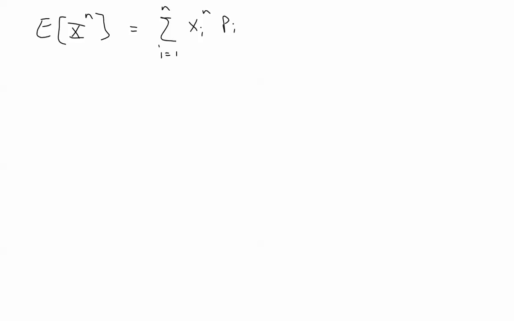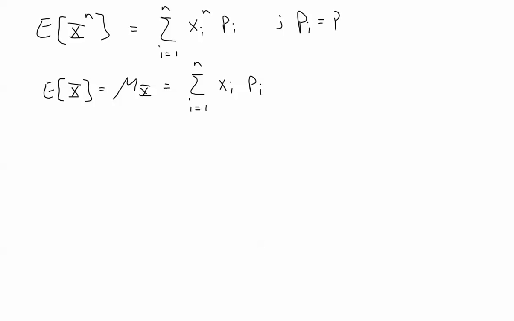Very simply then, the expected value of x, the first moment, little n equals 1, that's just summation i equals 1 to n x sub i raised to the first power times the probability that random variable x takes on value x sub i. So remind ourselves, little p sub i equals the probability that random variable x equals x sub i.